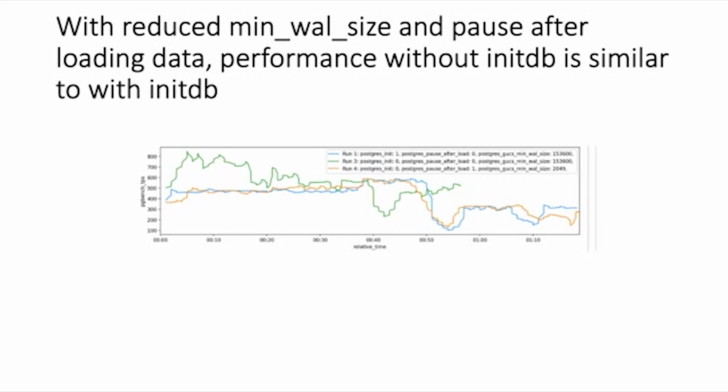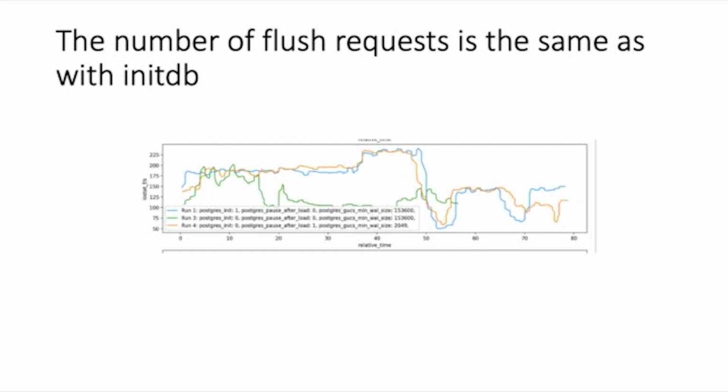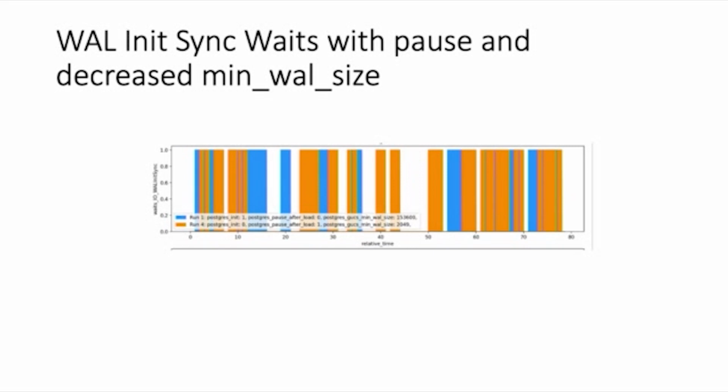The result was that doing initdb before the benchmark and not doing it but pausing have roughly the same performance. The number of flush requests is the same also, so that makes sense. And we see more of these waits again, with the pause and the decreased min_wal_size.